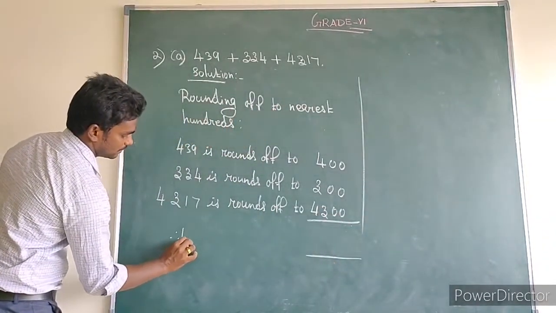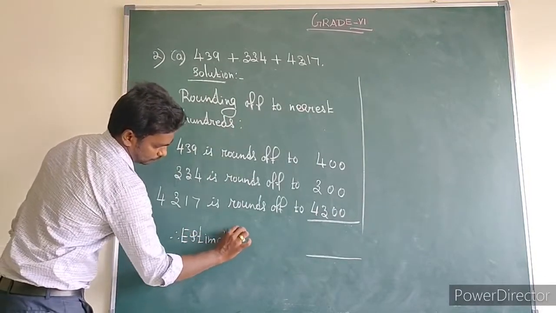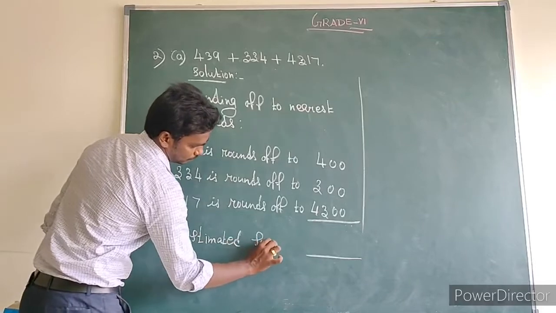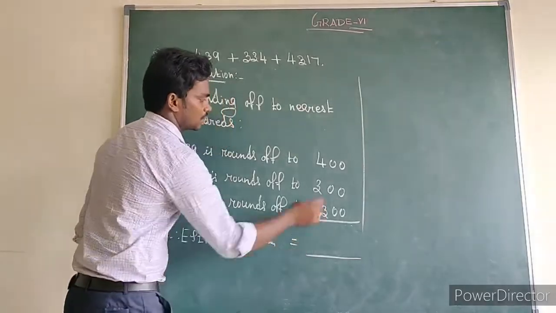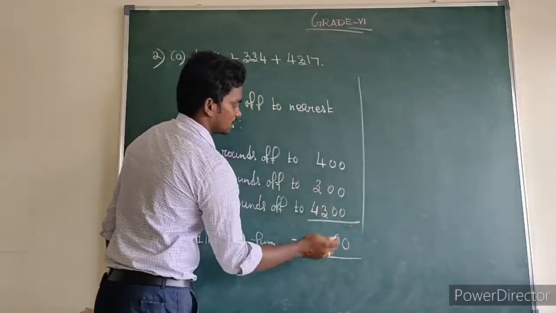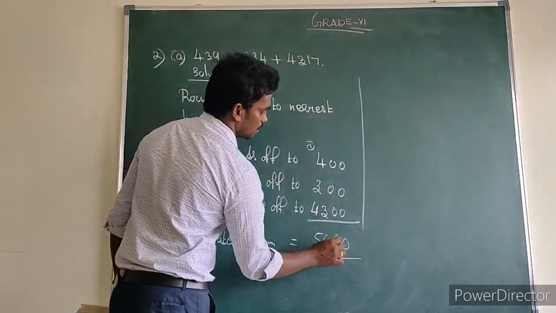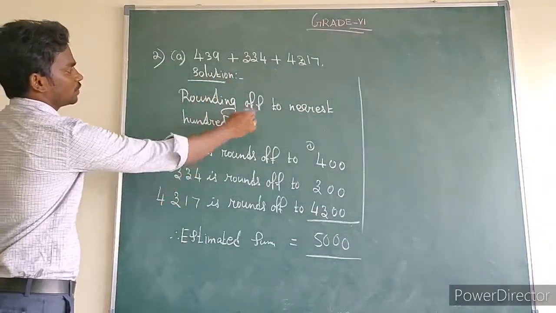Therefore, the estimated sum: 4 plus 3 is 7, 7 plus 3 is 10, remaining 1. What is the value? 5. So 5,000. So this is rounding up to the nearest 100.